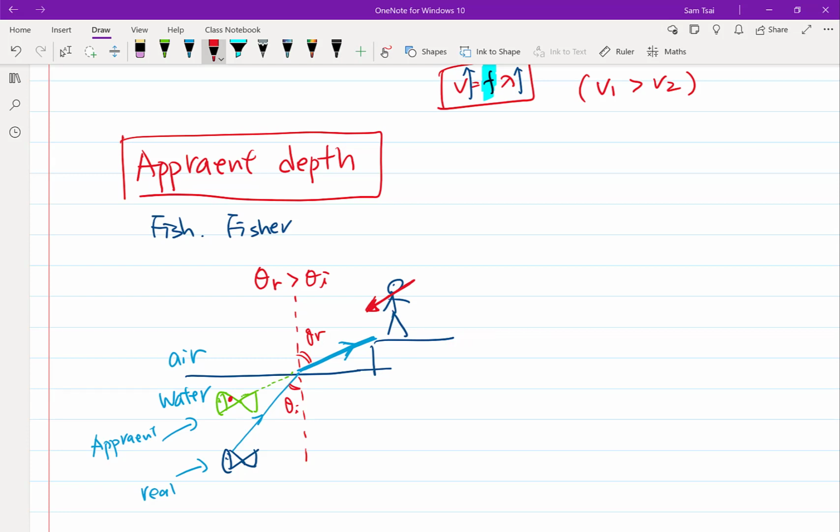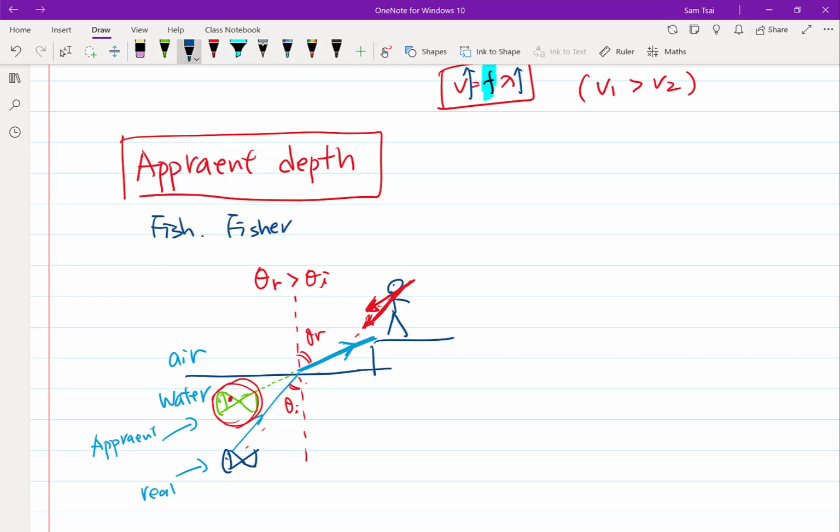But if the person studied physics, he will know the real position of the fish is below the image. So he can see the image here, but if he aims lower, he will be able to get the fish. So studying physics is quite important. That will help you get the fish.